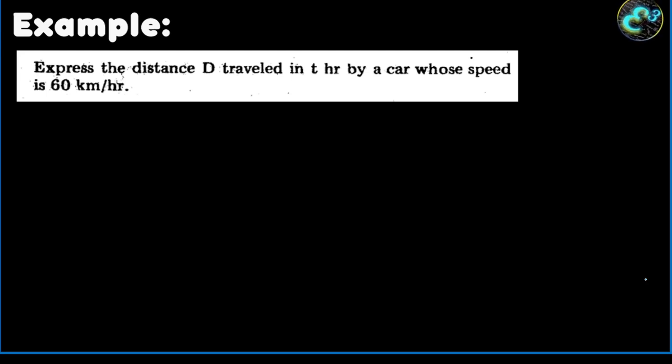Express the distance d traveled in time t by a car whose speed is 60 kilometers per hour. For this one, solution: to get the distance traveled given the speed, distance is just equal to the speed times the time. Our given speed is equal to 60 kilometers per hour or kph.